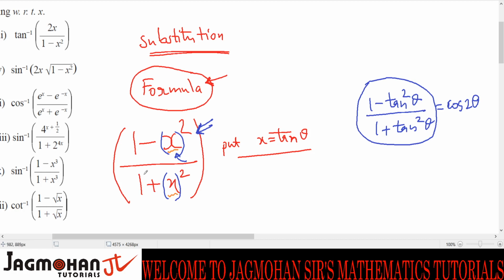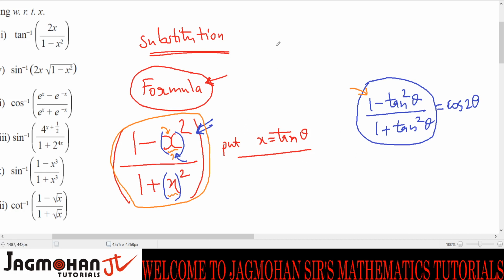You also saw that we had 1 minus 5x square. In the previous video, I told you that instead of x, we had 5x. So we put 5x as tan theta because ultimately the aim is this formula. By putting this part of the expression as tan theta, I will change it into the formula of cos 2 theta.